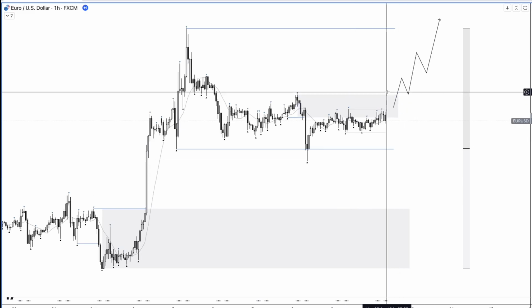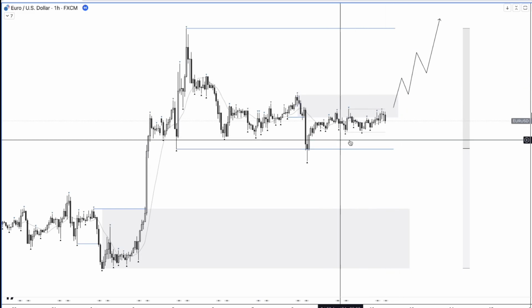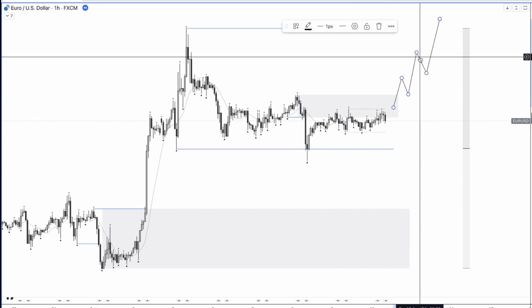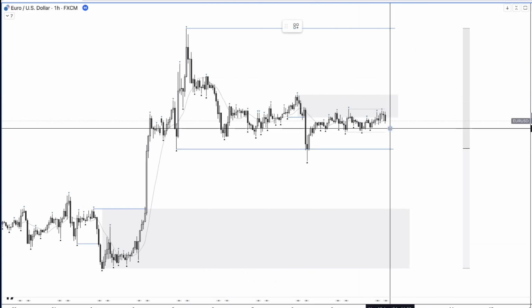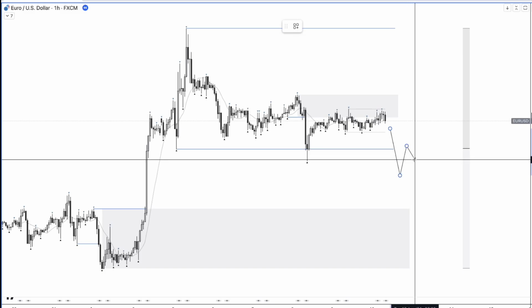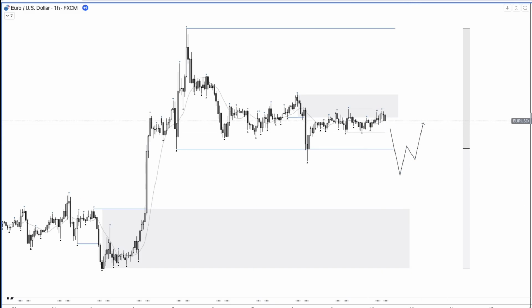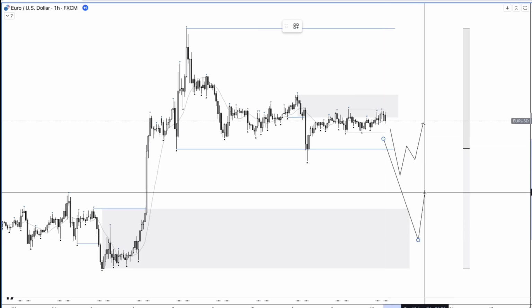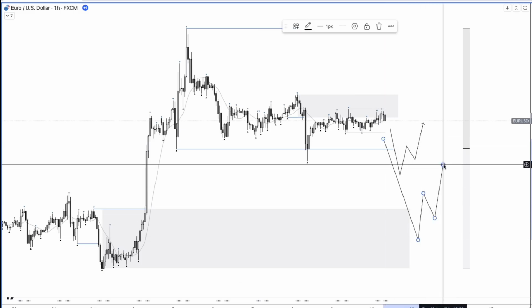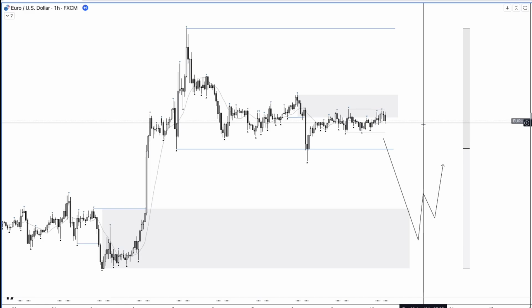Do we break above, chop around a bit, and then continue higher? Or do we hold in this area, look to potentially take this low and then go higher? Or do we hold this area and come find something down here? Price can move however it wants to.